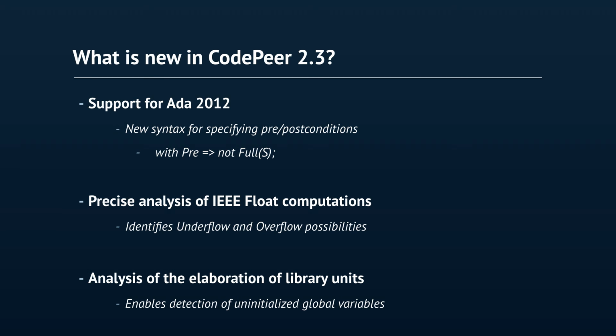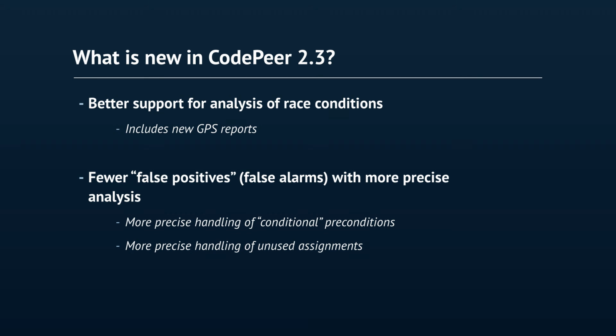Also, we're doing more advanced analysis of global variables and whether they're initialized somewhere in the program by the elaboration of library units, and so that gives you more precise information about whether global variables are properly initialized before they're referenced. Race conditions, we didn't show that, we talked about it, but there are additional reports now to give more information about race conditions.